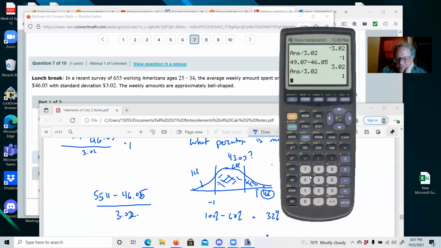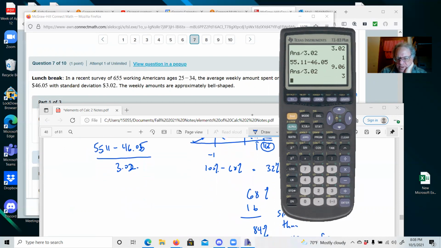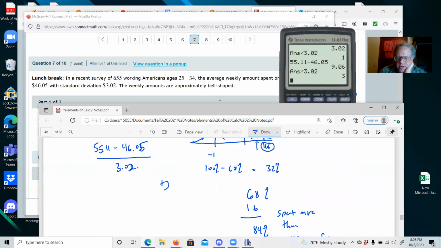So we're going to take our 55.11 minus 46.05 equals, that's going to be a little boring. I was hoping this would be 2 standard deviations, but instead it's 3. So that's plus 3. We're going to check the other side just in case.